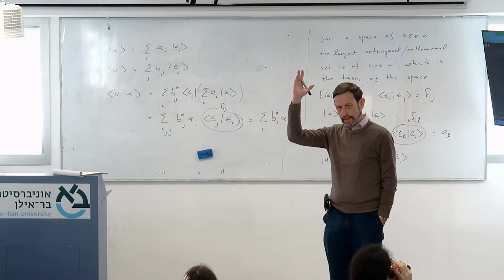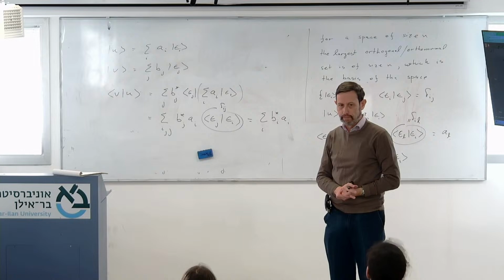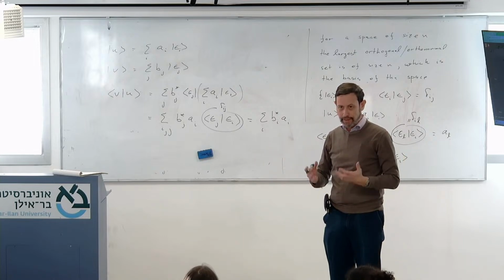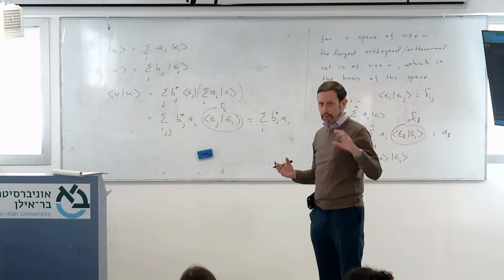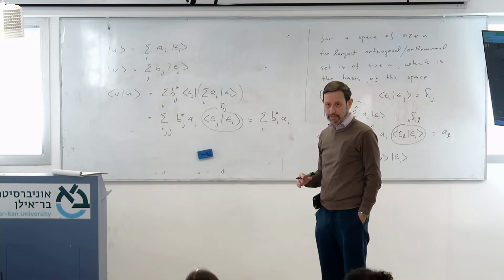We take a vector, we use the operator on it, and what do we get? Another vector. Same thing here: we take an operator, use it on a vector, and get another vector.